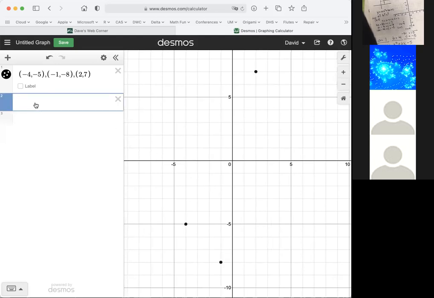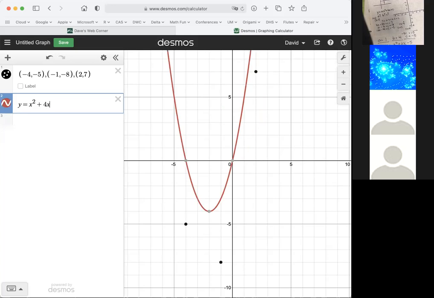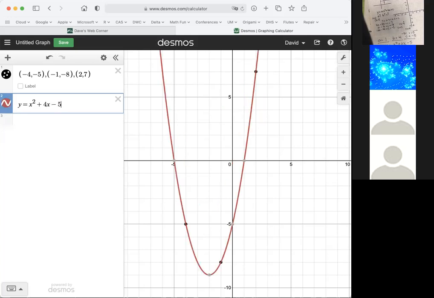But now let's type in the parabola. It's even hard to see the parabola going through there. But let's type in the parabola we found. X squared plus 4x minus 5. And what happened? It's almost like a miracle.